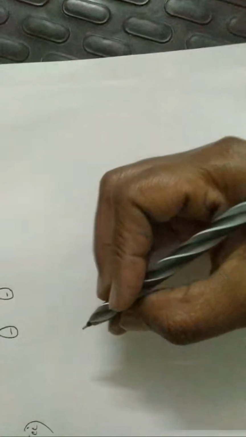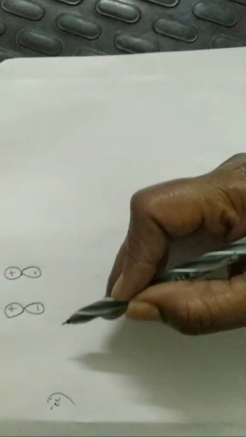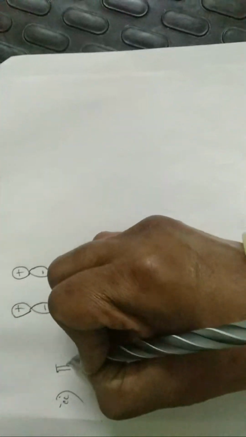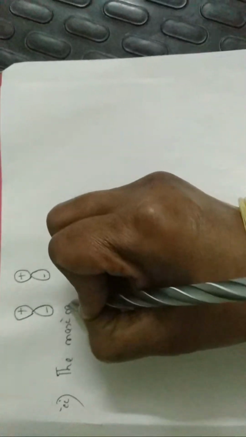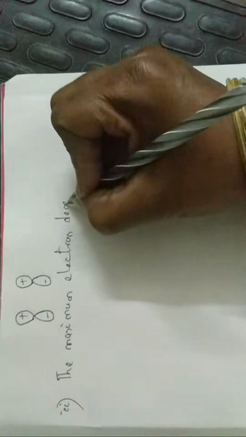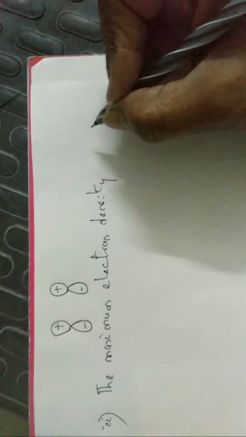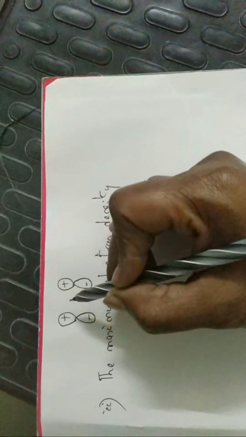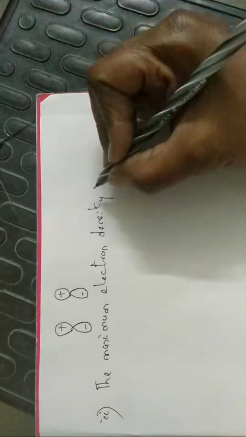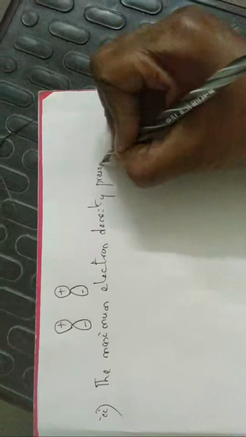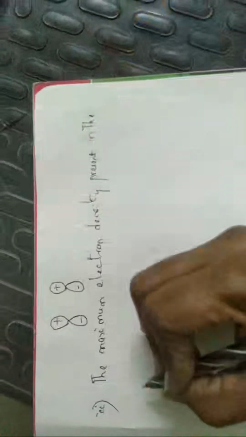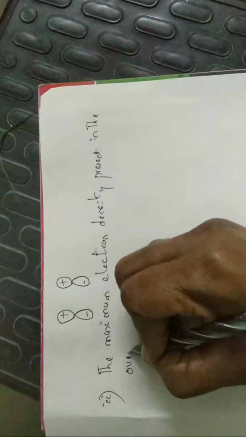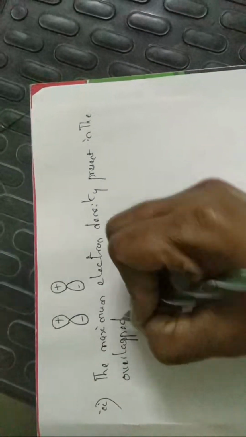Next, second feature. The maximum electron density is present in the overlapped region.